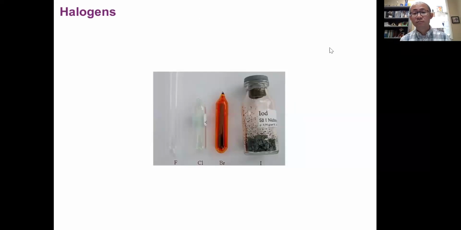Group 7A are called halogens. This is the group of diatomic molecules. Elements in this group, halogens, exist as diatomic, meaning X2. Fluorine is F2, chlorine is Cl2, bromine is Br2, iodine is I2.